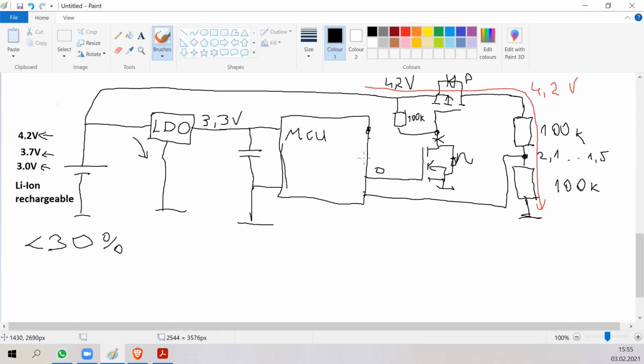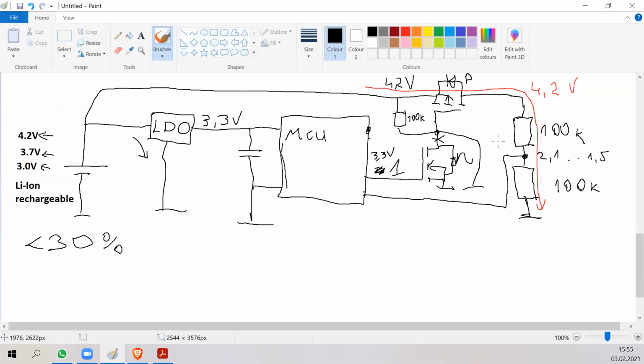However, if I set this output from 0 to 1, which is 3.3 volts, then this N-channel MOSFET opens. It pulls the gate to ground, and this MOSFET opens fully, and the current flows, and we can measure the current.